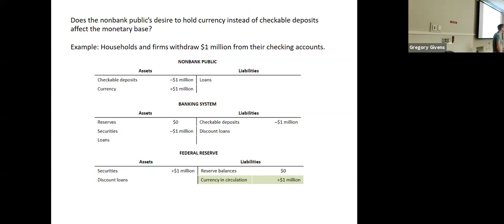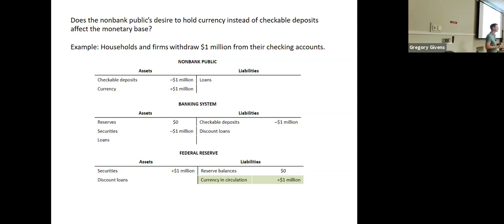But what is the end result on the monetary base? What's the monetary base? I keep hammering this. It's currency plus reserves. So nothing has happened to the size of the monetary base, right? The composition of the monetary base has changed from $1 million worth of reserves to now $1 million worth of currency.